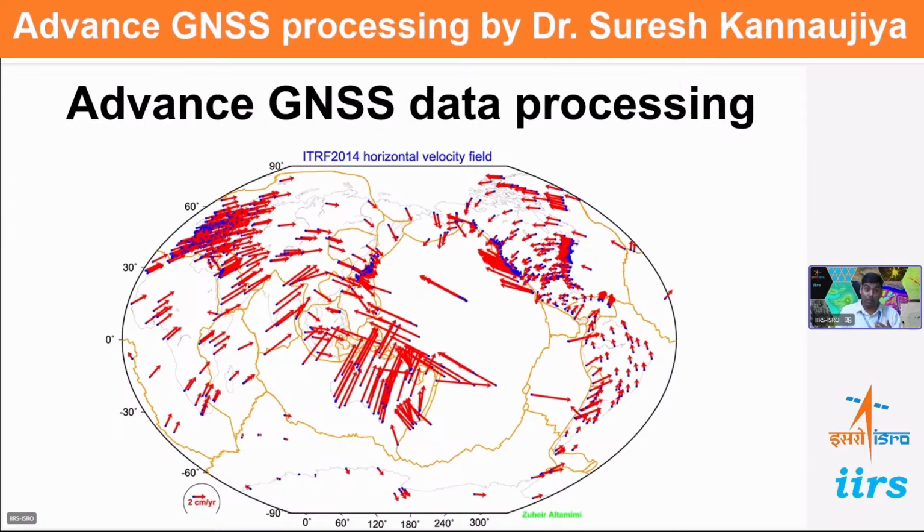Then there are many error budgets like orbit error, clock error, multipath error, satellite drag, radiation pressure, so many error budgets associated with the data. So when this signal comes to the receiver, one-to-one correlation in phase is not happening between the main signal transmitted by the satellite and the replica signal created at the receiver.